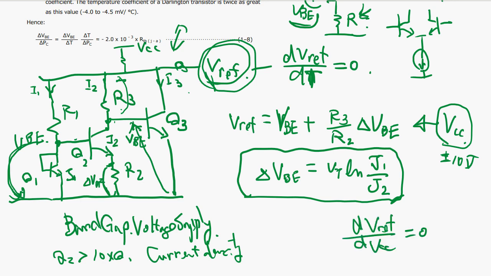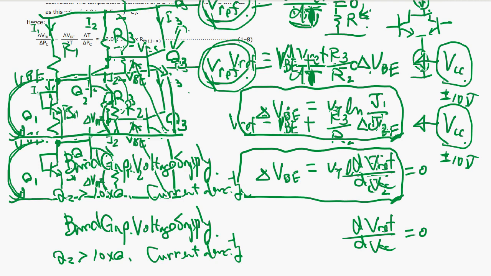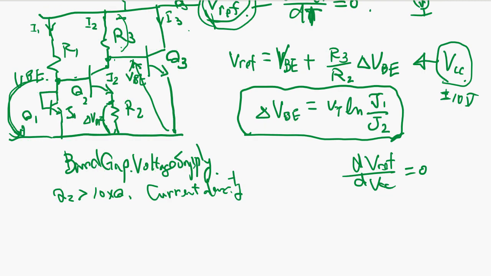Okay, so next is how we make it temperature independent. So dVref/dT is 0.